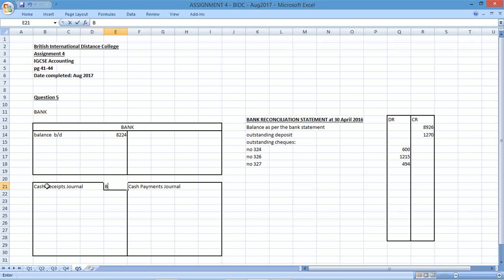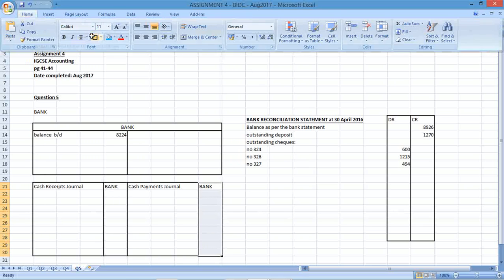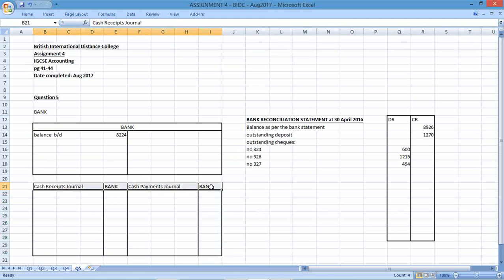We're going to show bank here, bank there, and we're going to look at those amounts that need to be updated and recorded in the actual T account for the cash receipts and payments. We need to start with totals. Did they give us totals here? No, they didn't, so we're going to have to just process these amounts.